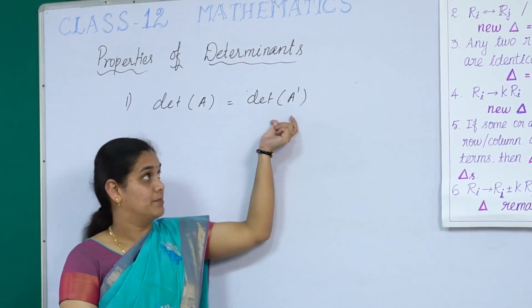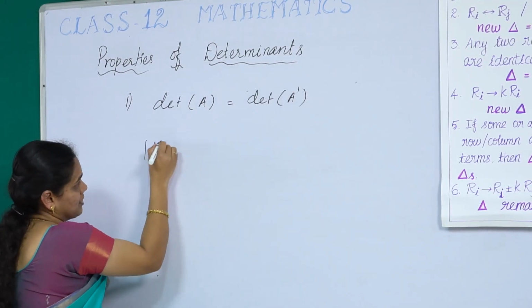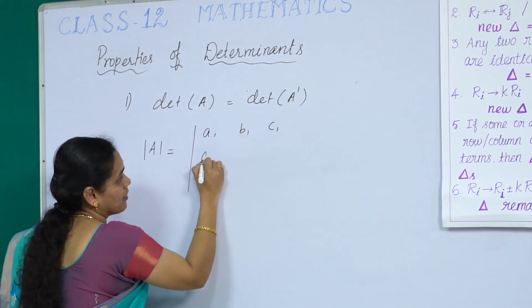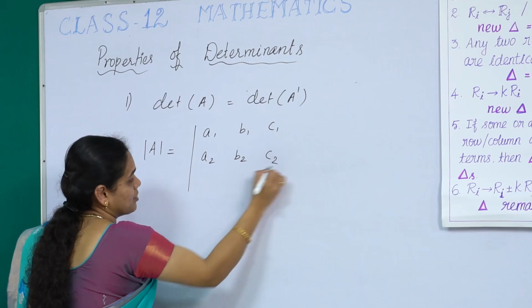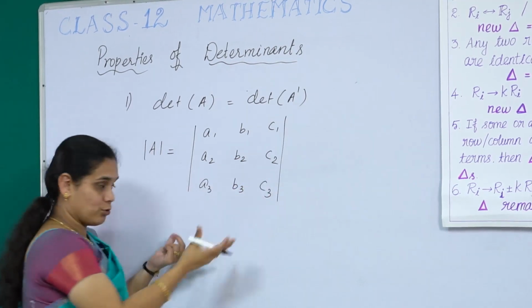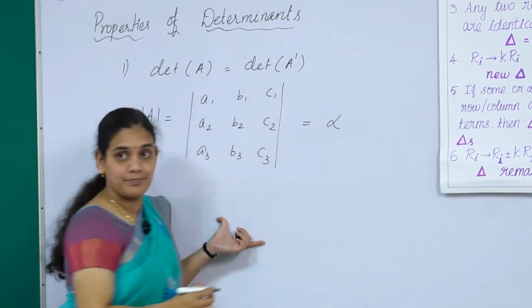Interchanging rows and columns. So let us take a determinant as A1, B1, C1, A2, B2, C2, A3, B3, C3. When we evaluate this, suppose we are getting a value alpha.